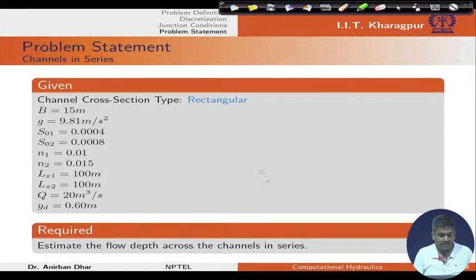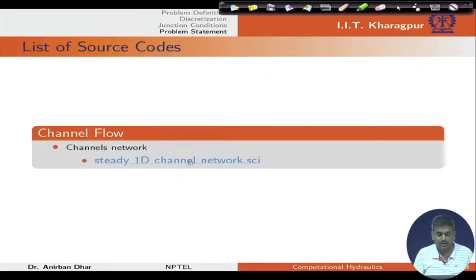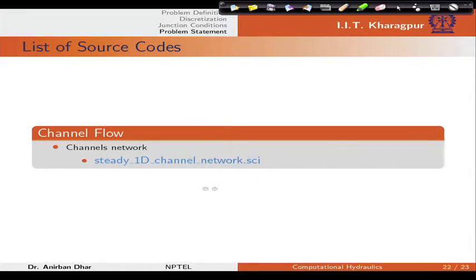So this is the estimation of flow depth across the channel, and we have solved this problem with rectangular cross section. The code is channel steady 1D channel network SCI. You can utilize this code to check the solution process. Thank you.